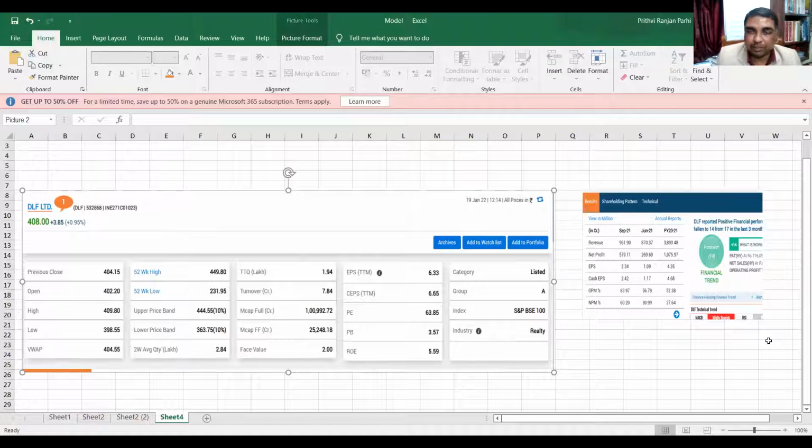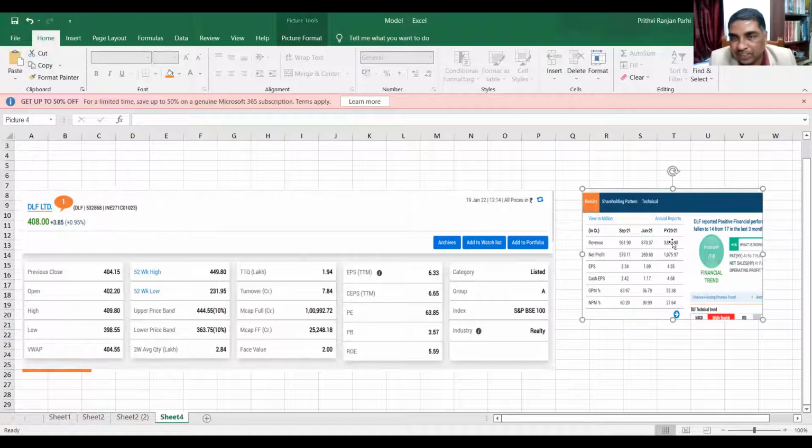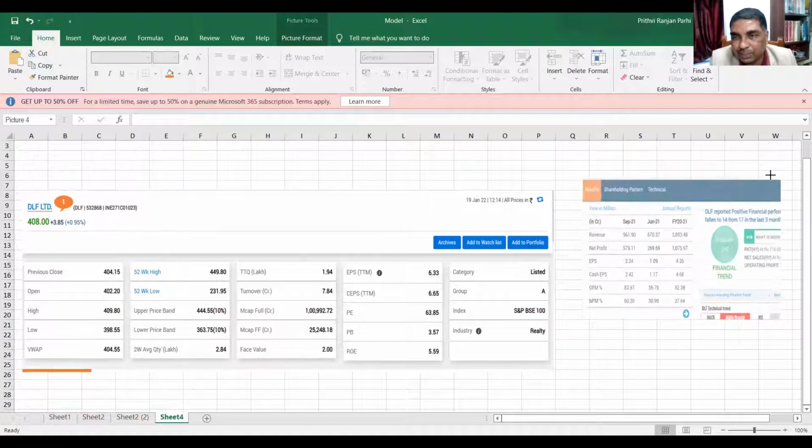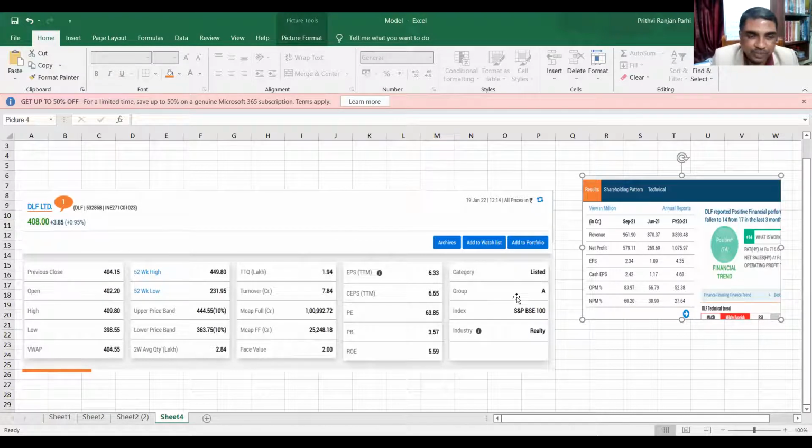For the purpose of eliminating any bias, I am taking this audited turnover, financial year 2021. How much is that? Can you read it? Of course, the font is a little small. 3898.48, and this is again in crore. Are you able to read it?